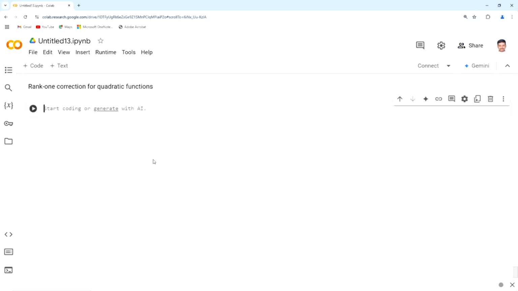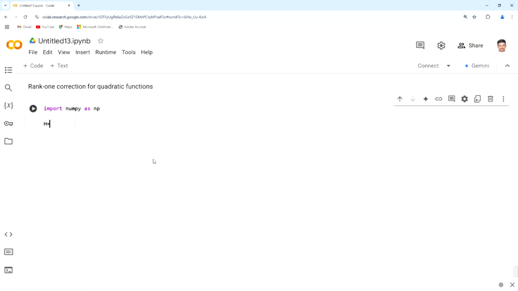Yeah. So, let me import NumPy. I would like to write a 5 cross 5 positive definite matrix like what we did for conjugate gradient and Newton's method. Okay.